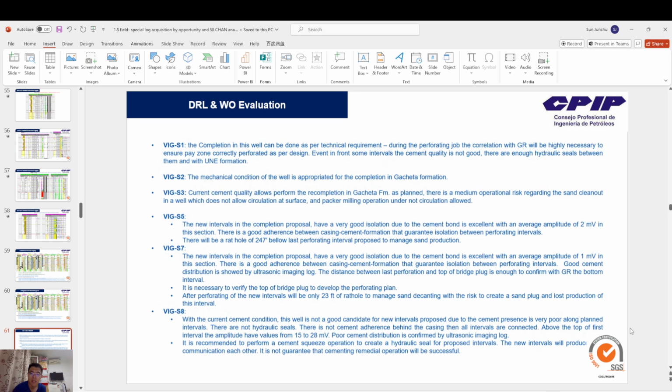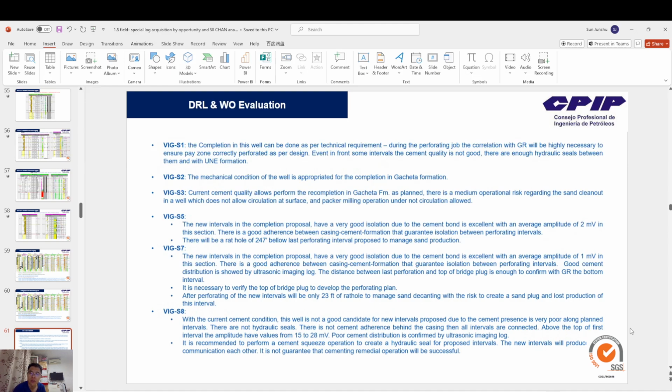Good cement distribution is showed by ultrasonic imaging log. The distance between last perforation and the top of a bridge plug is enough to confirm with gamma ray the bottom interval.